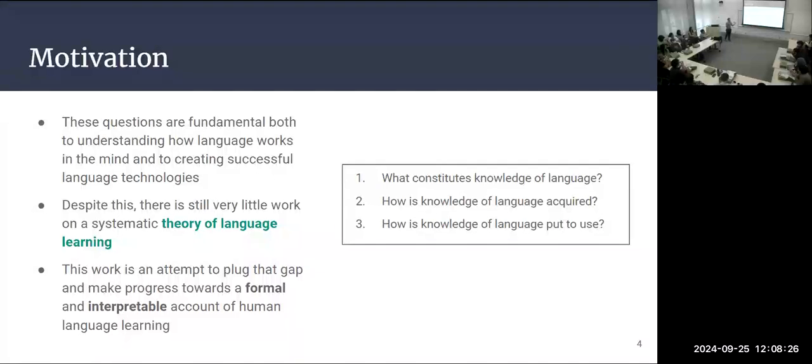So this work is my own humble attempt to plug that gap and make some kind of progress towards an account of language learning that is formal and interpretable, so that we can understand deeply and mathematically and make guarantees about it.